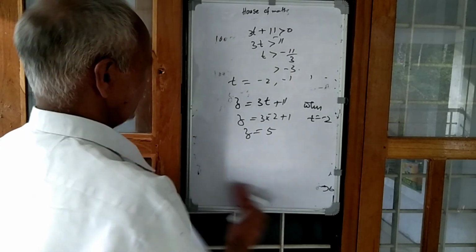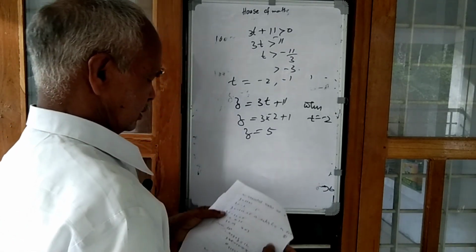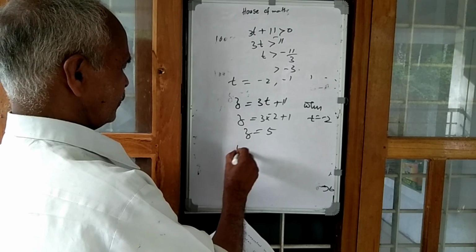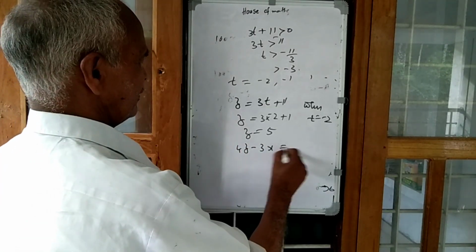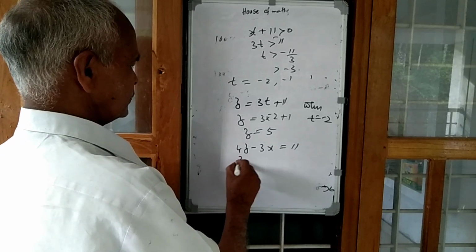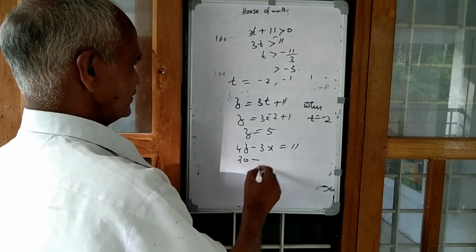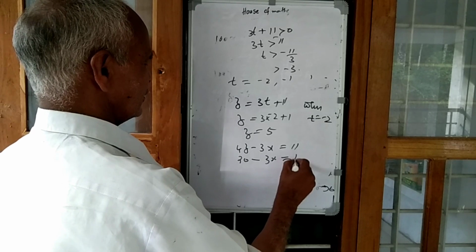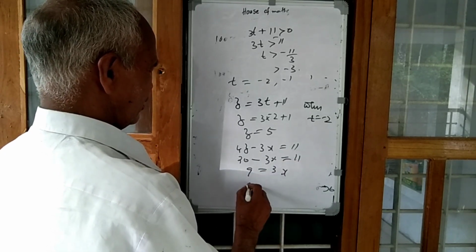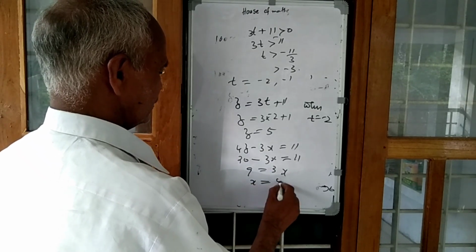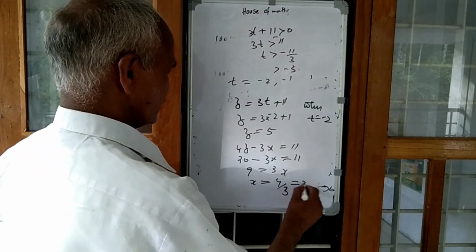Substitute these values in equation 3, that is 4z minus 3x equal to 11, that is 20 minus 3x equal to 11, that is 9 equal to 3x, therefore x equal to 9 by 3 equal to 3, x is 3.